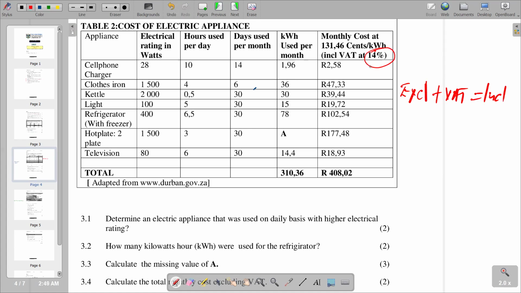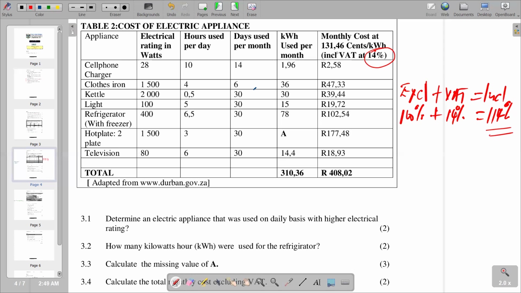So basically, this is what we have. And excluding, it's always 100%. Then we add the 14% that we have there, and we get 114%. So this is the scenario that we have. So this is the including as we are being given there. All the figures that we have are including VAT.